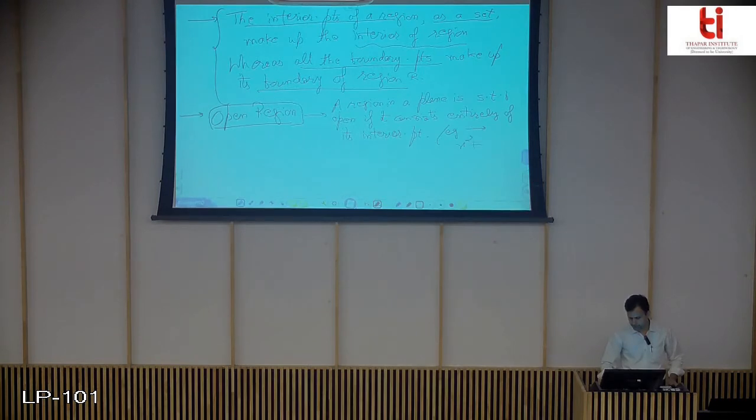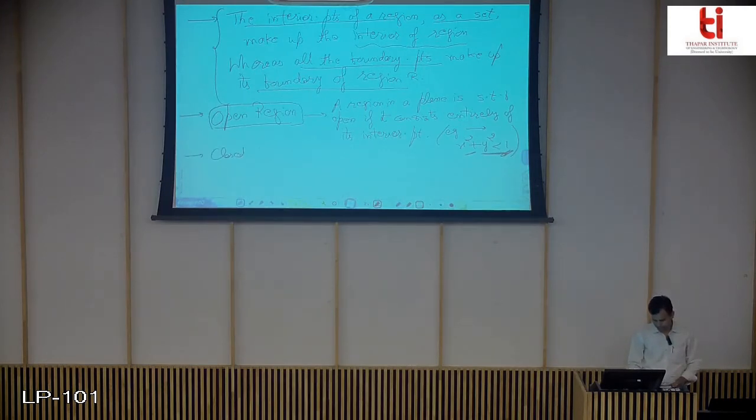For example, consider this surface. If I put this inequality, less than 1, this will basically contain all those regions of this surface x square plus y square excluding the boundary. So basically this will give me open region. It is basically a surface that excludes the boundary and includes all the interior points.